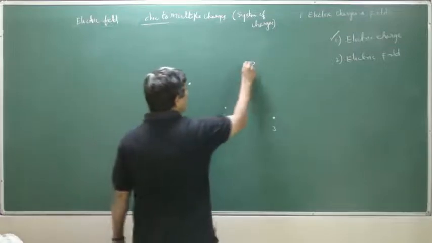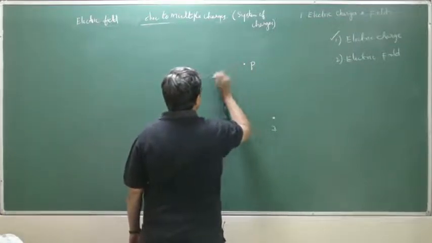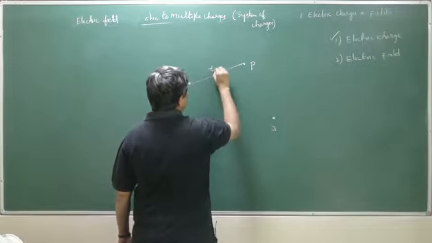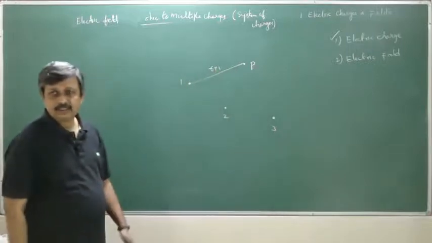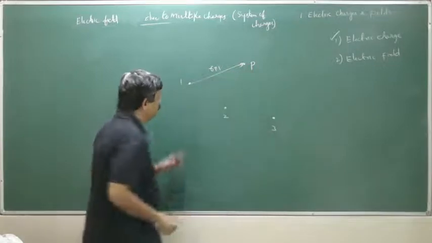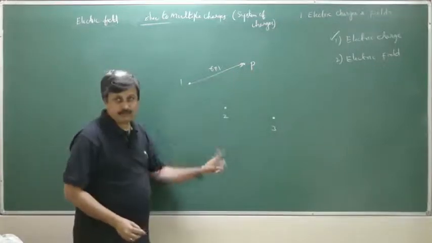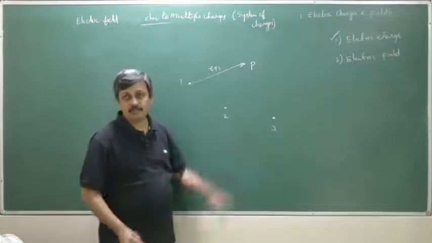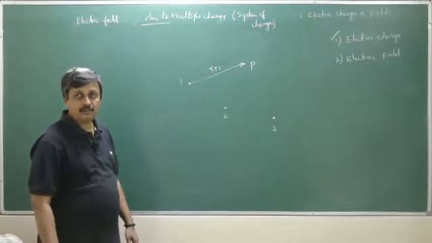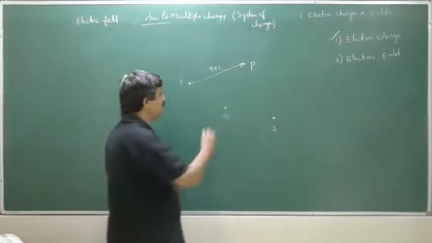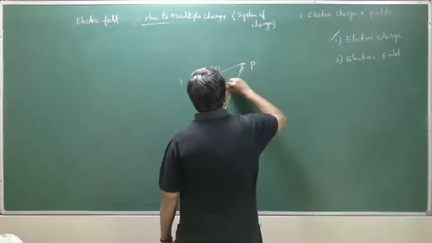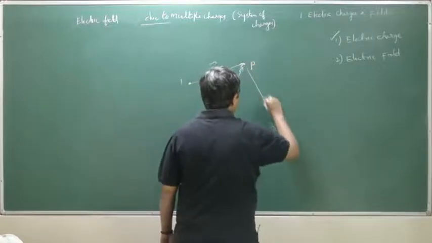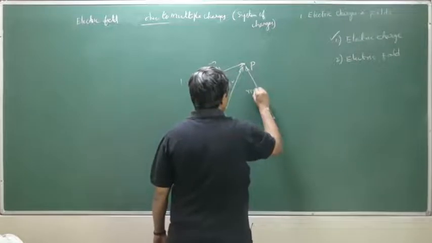As usual, I will call this RP1. You can start from the origin and connect to each one of them, and then RP1 is equal to RP minus R1, and that is this arrow. This is the relative position vector, and similarly here we get RP2 and this is RP3.